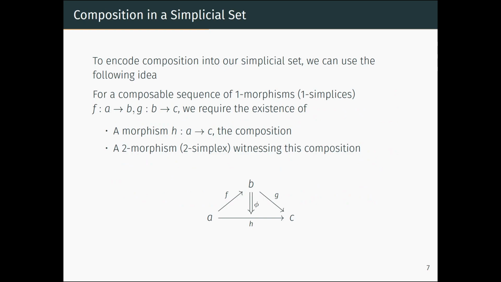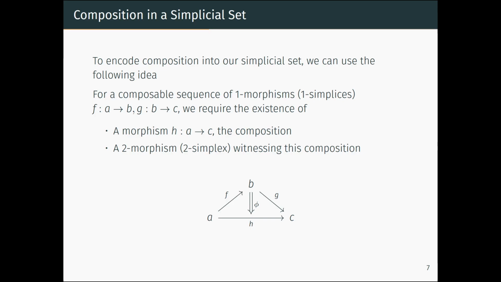For composition, here's just the one-simplex case, we can take a sequence of one-morphisms, F and G, and we require that a morphism H exists to fill in this diagram. We also want a two-simplex, or a two-morphism, that witnesses or encodes this higher homotopy between these.